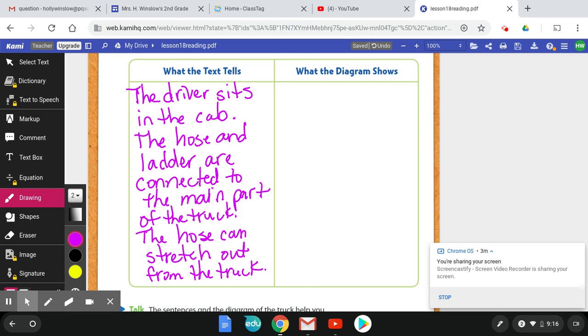I see the long part of the truck that's called the body, the hose that comes out of the middle or the center part of the body. And I also see that the truck has a set of wheels and a ladder on top. So I'm not going to write all of that down, but I'm going to write a few of those things down while you do the same thing in your book.